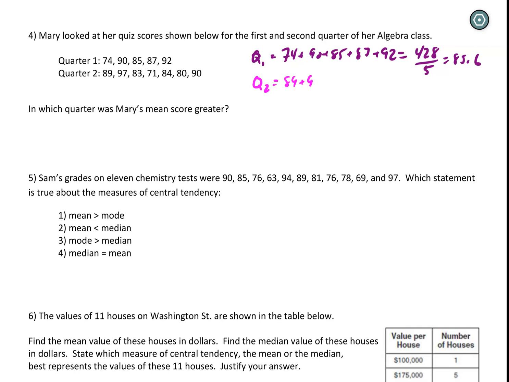For Q2, let's add up here. She's got more scores here. In this case, she's got 7 scores in total, so 2 more quiz grades. This came to 594. If we divide that by 7, I get 84.9.